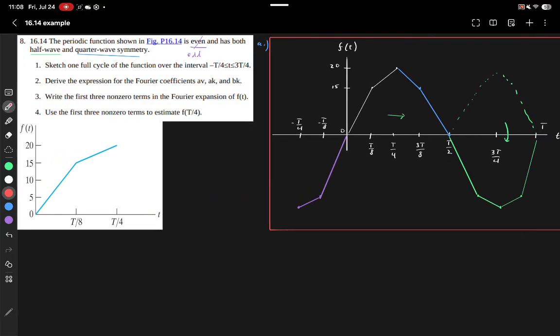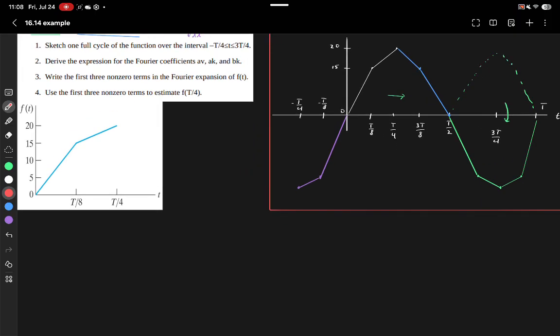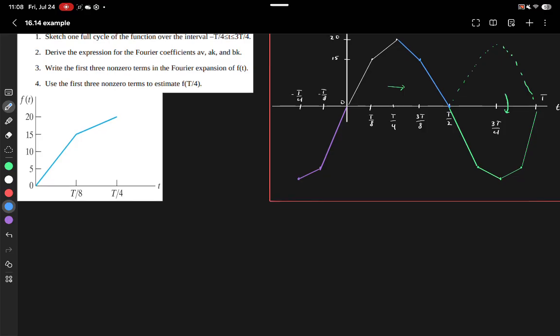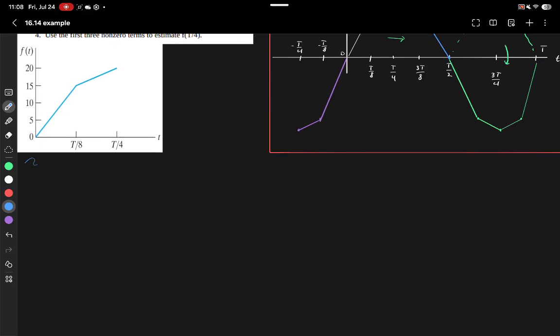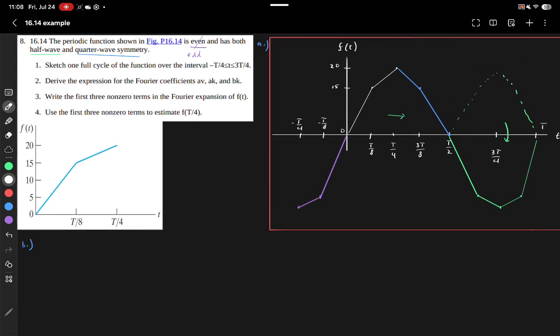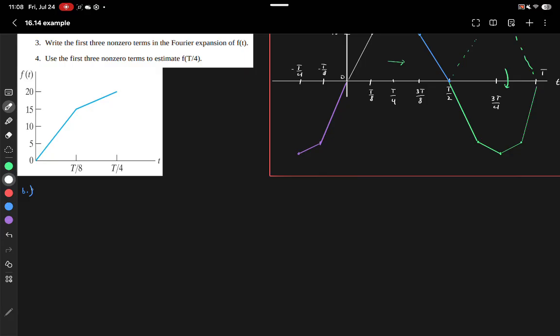Now, to move on to part B, we're going to need some function description. We could go ahead and, using the properties that we just talked about, we're assuming odd instead of even, and that changes the analysis a little bit, but it does give us some of the same cancellations.